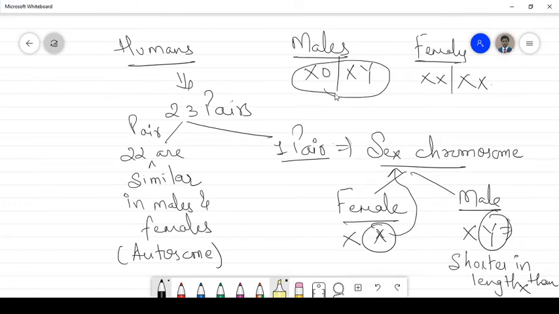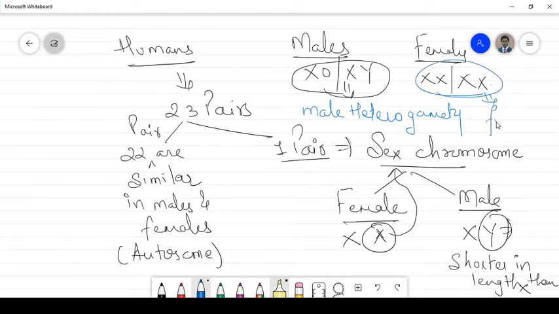So this type of difference in the chromosome is known as male heterogamety, children. Whereas if two different types of gametes in terms of the chromosomes are produced by females, this is known as female heterogamety.